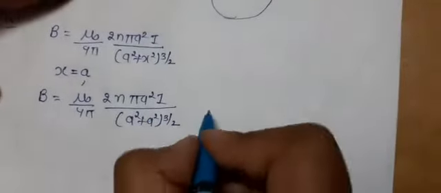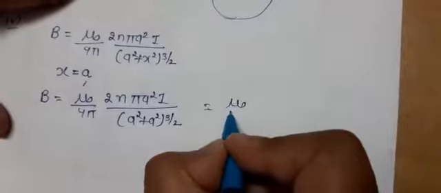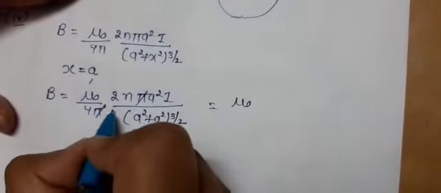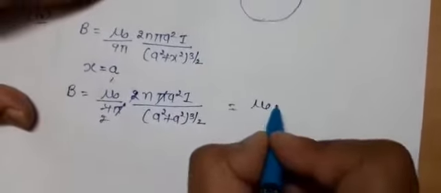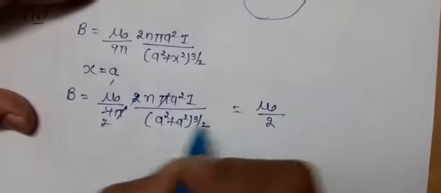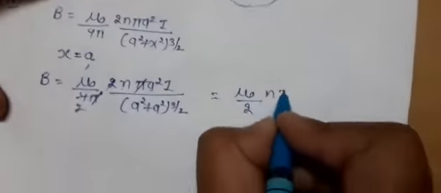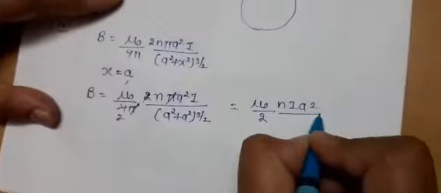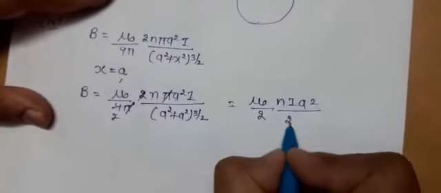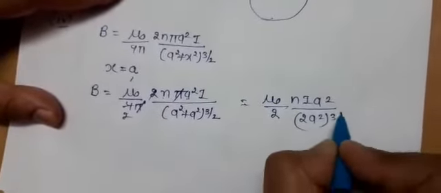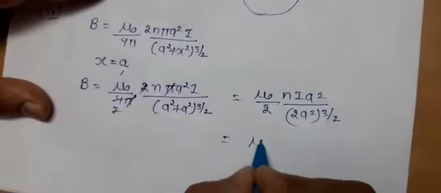Now just rearrange and solve it. This is mu naught. Here pi is cancelled. Again here 2 is cancelled. So it is mu naught upon 2. Then here is n I a square upon 2a square raised to the power 3 by 2. Further rearrange the terms.